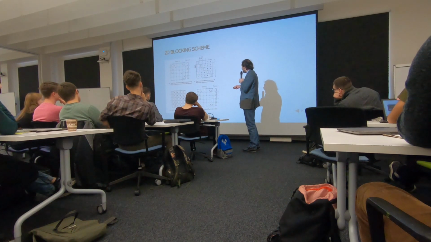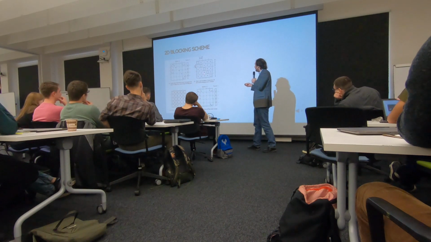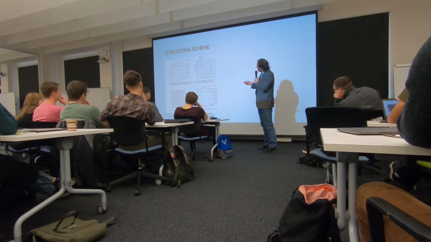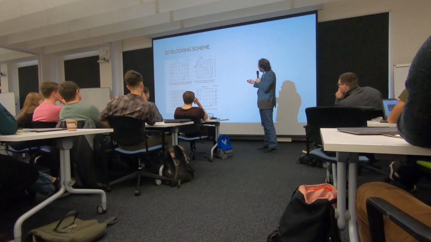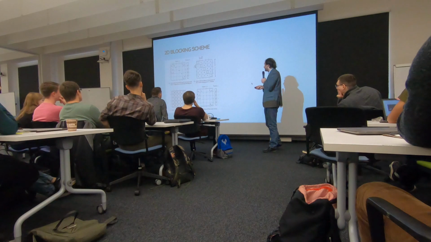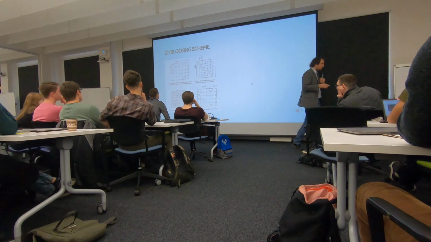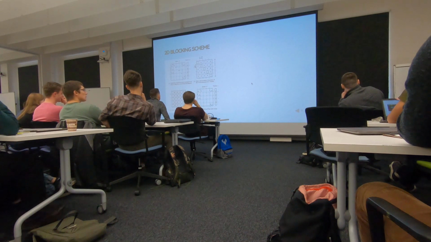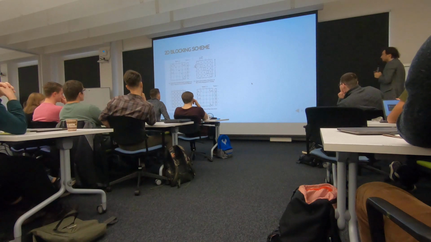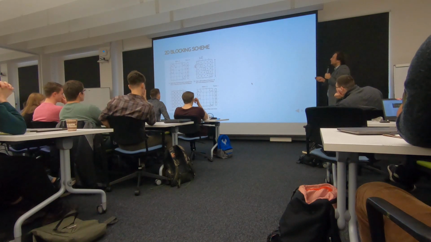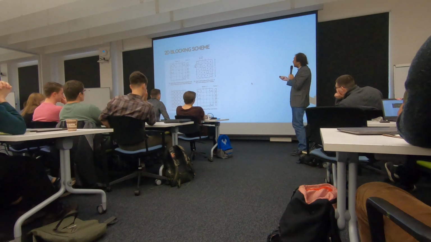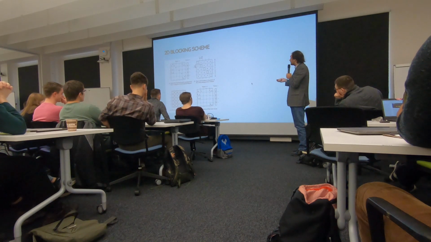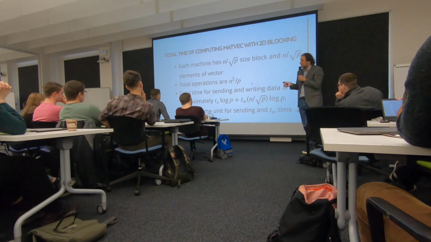So then if you need to multiply, if you multiply the column by row, you multiply the local one, and then you do communication. Okay. And then you need to sum up the small vectors computed on each processor, and at this point you do this communication. Okay. So that's just the summary.